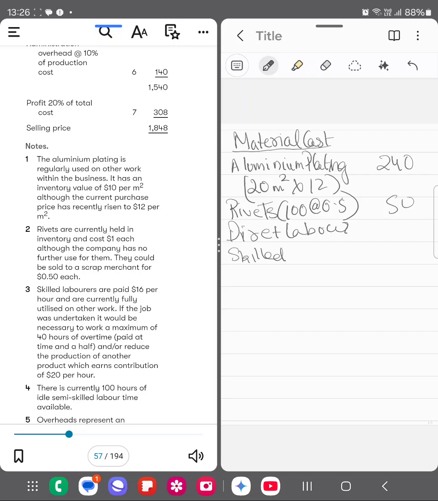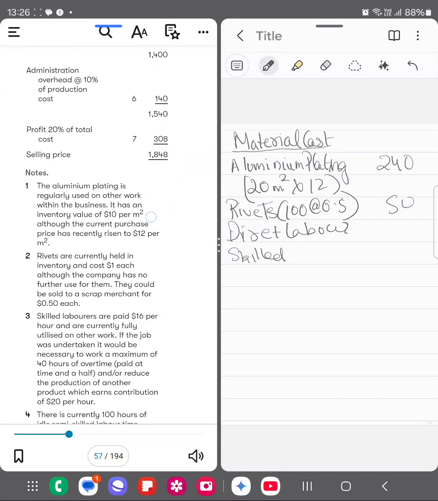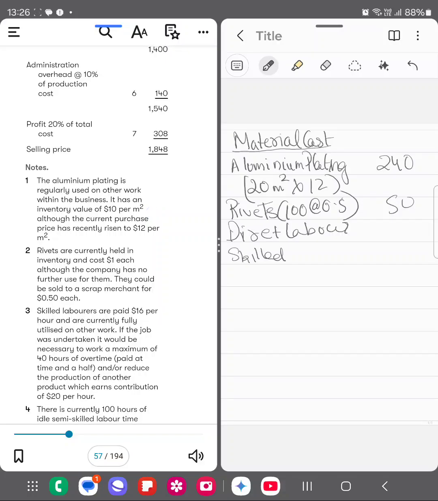Because the contribution would have to be sacrificed if the labor engaged in other work is diverted from that work to the project we are talking about in this question. So that contribution of $20 would have to be sacrificed. The first thing is that we need to include this $20 contribution in our relevant cost. Another thing is that they would pay 16 per hour, and the labor is currently fully utilized in other work.